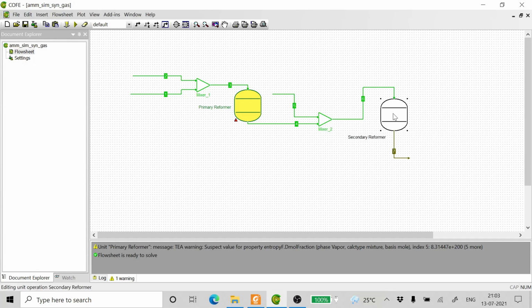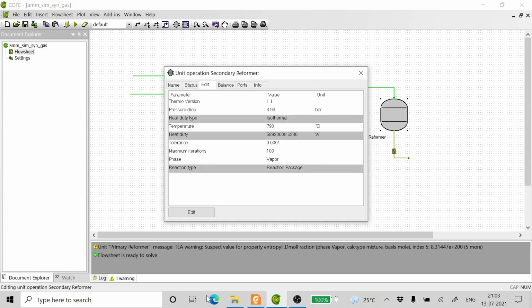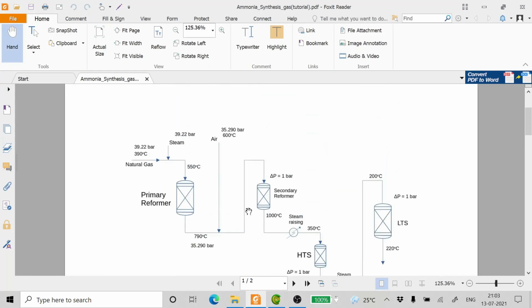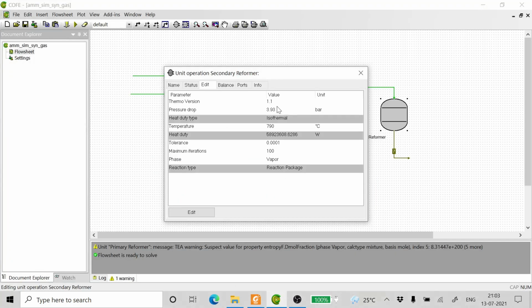Now I go and configure this reformer. Now the outlet temperature of this reformer is 1000 degrees Celsius, as we can see here, and the pressure drop is 0.5 bar. So we adjust the pressure drop to 0.5 bar, and the outlet temperature to 1000 degrees Celsius.